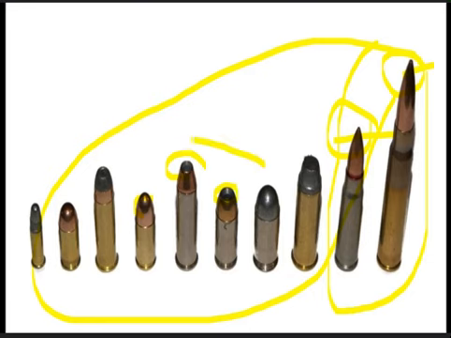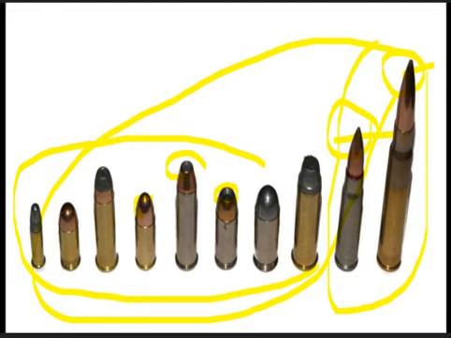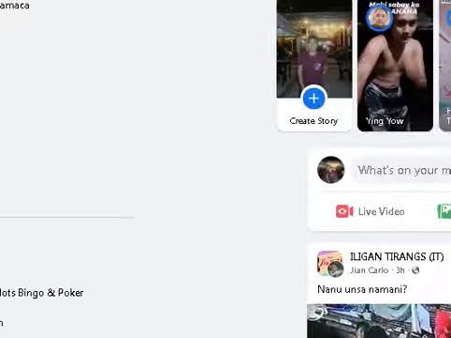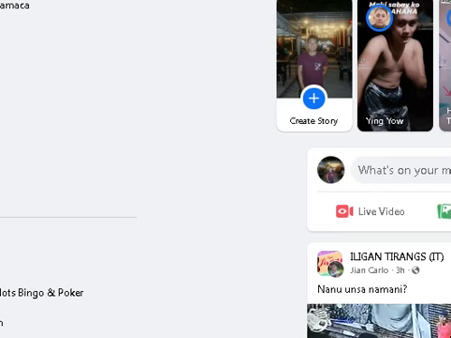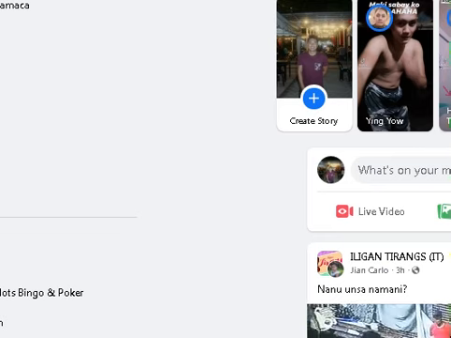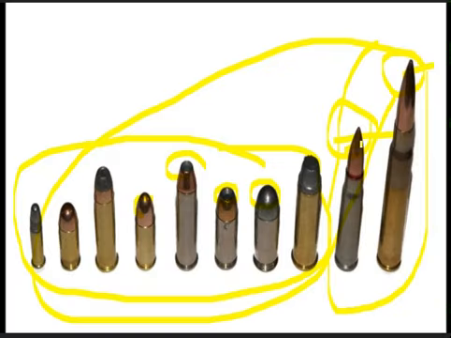These are designed actually for short range. Because if we talk about long range, the bullet is sharp pointed. At the same time, when it comes to air resistance, when we compare this to round nose, the round nose has more air resistance as compared to sharp pointed. Okay, so this is it.